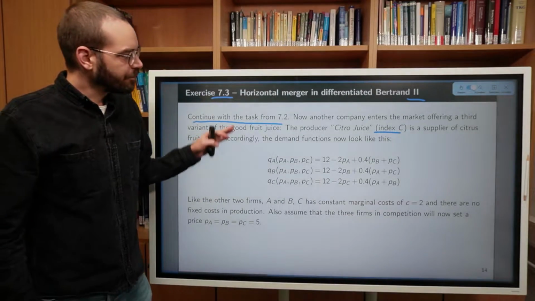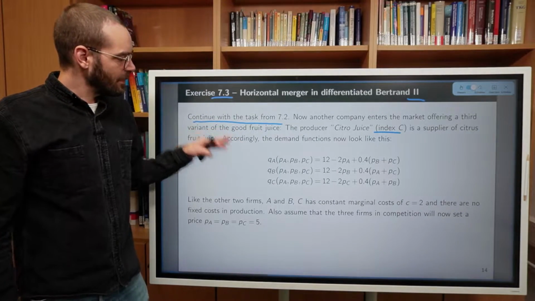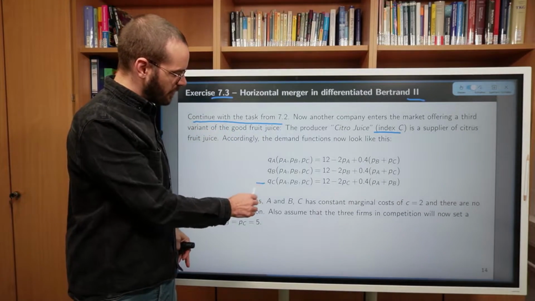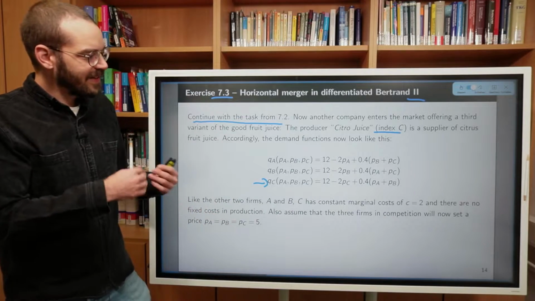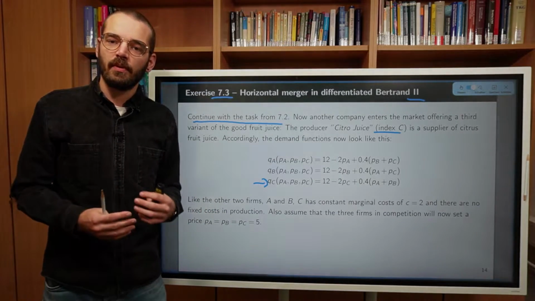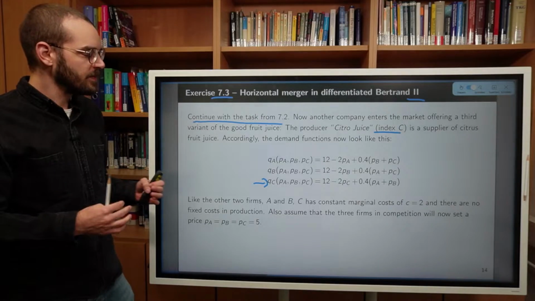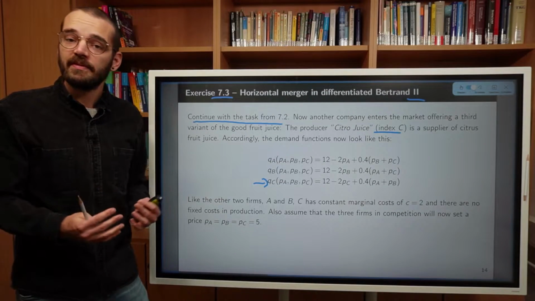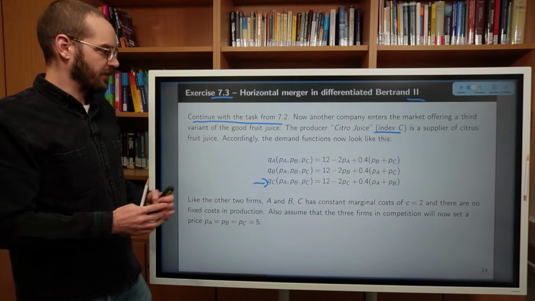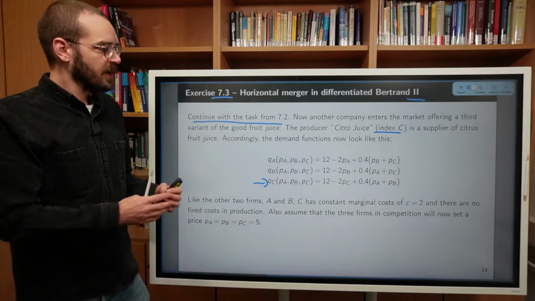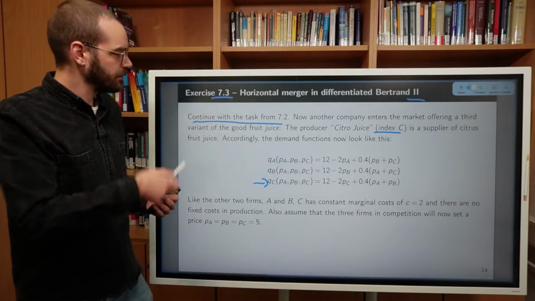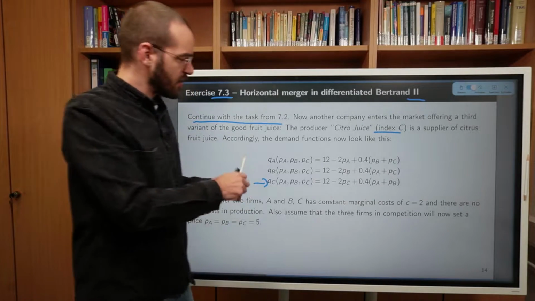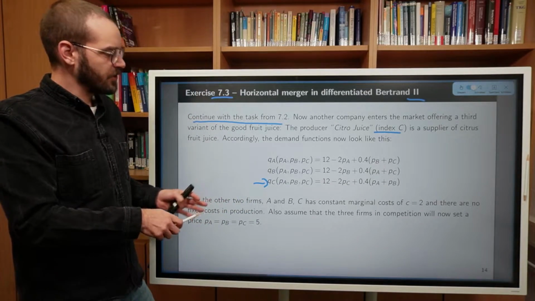And we know that the demand function for this good C is basically the exact same as for all the other goods. So we simply extend the demand functions from the previous exercise for one additional good. Let's go through one of these as an example.